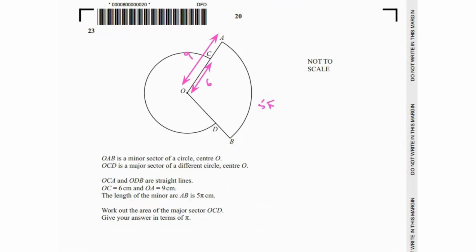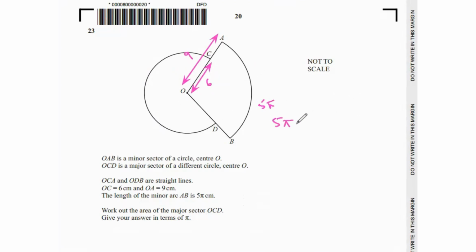So we need to figure out the angle first. OB is the same as OA because they're both the radius of this sector OAB. So if we have the length of arc for AB, we can use that to find the angle of that sector. Subtract that from 360 to have the angle for sector OCD, and then use that to find its area.